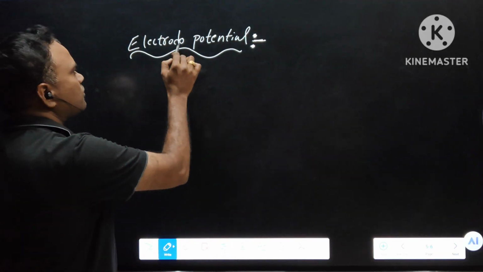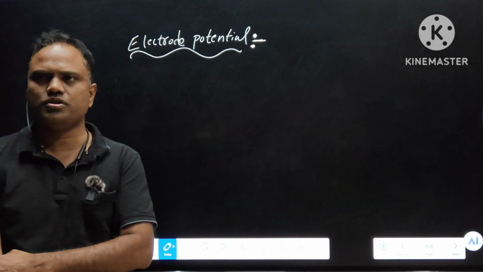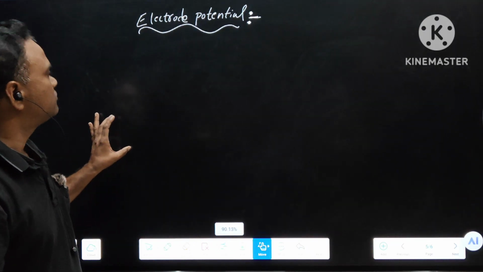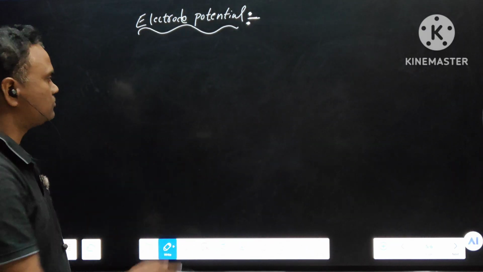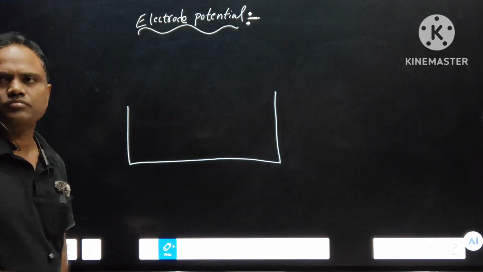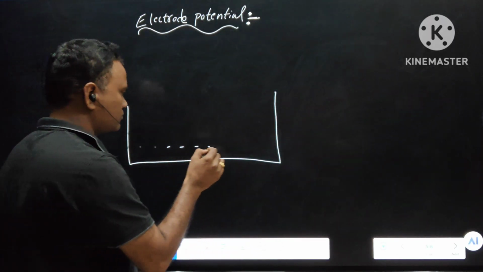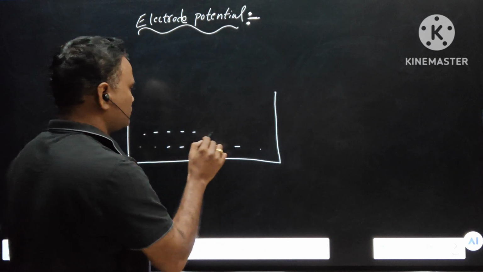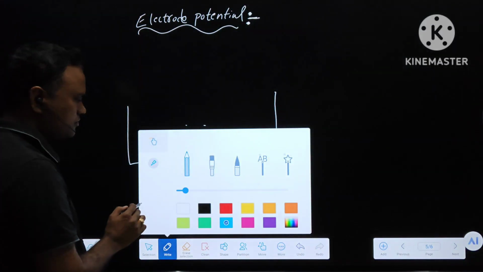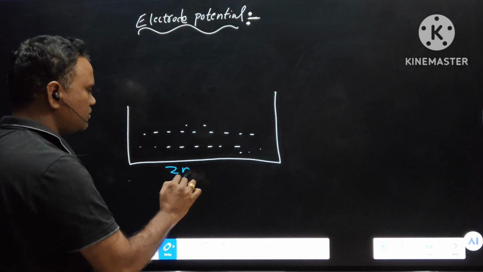Electrode potential. Take zinc sulfate solution in a beaker, ZnSO4.